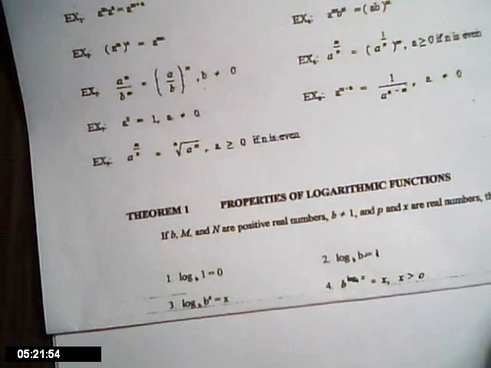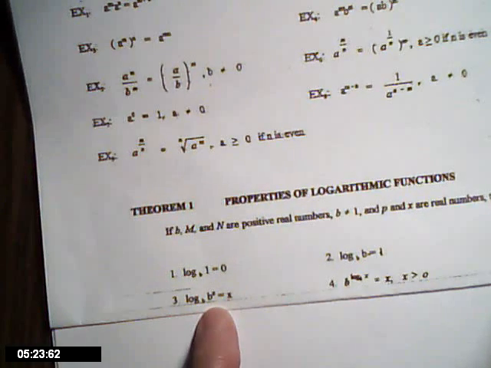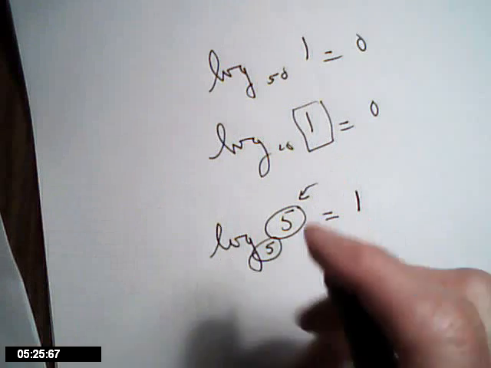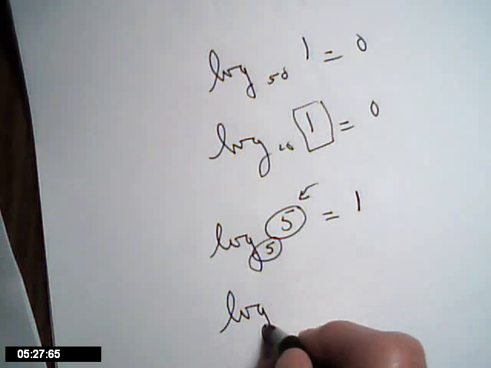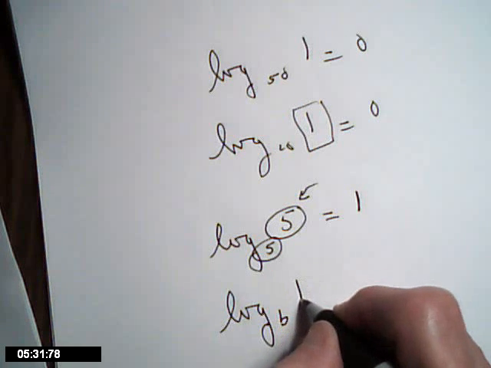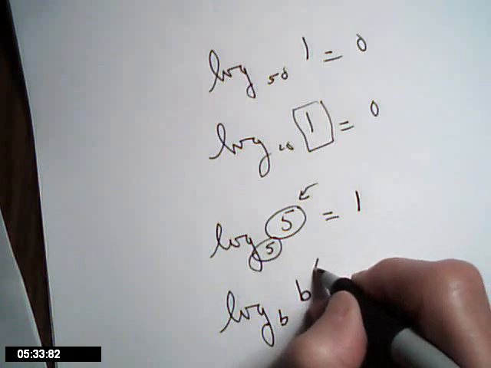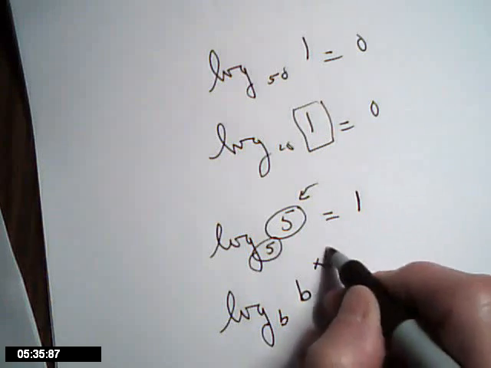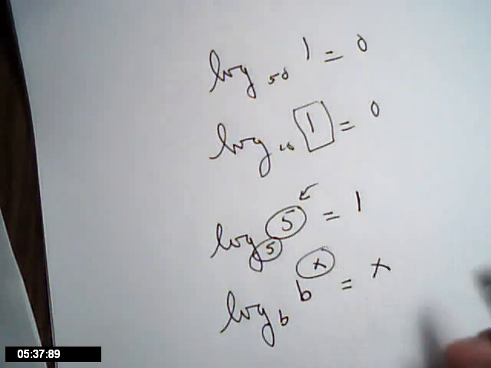Now I'm going to move right along to this example 3, because here's where it makes sense to you. If I have a log of any base of an argument that's the same as the base raised to some power, then that's going to equal that power.